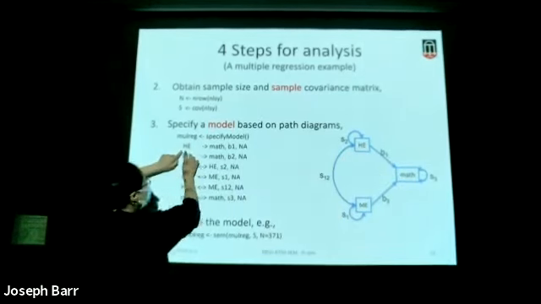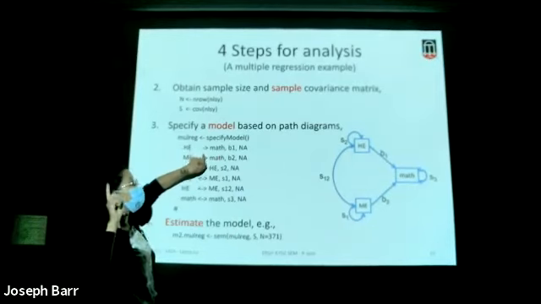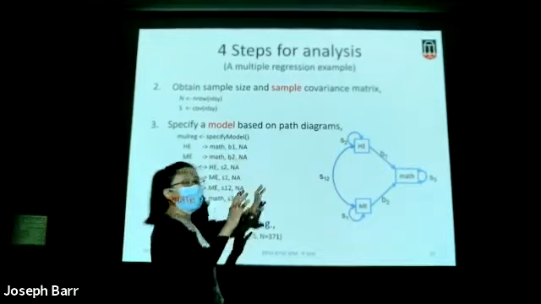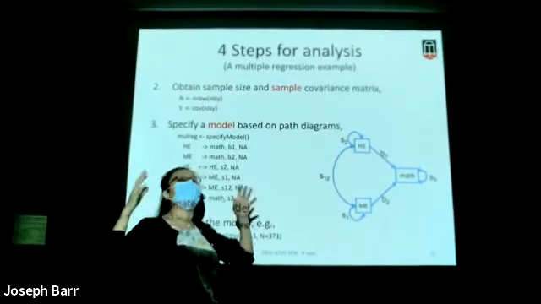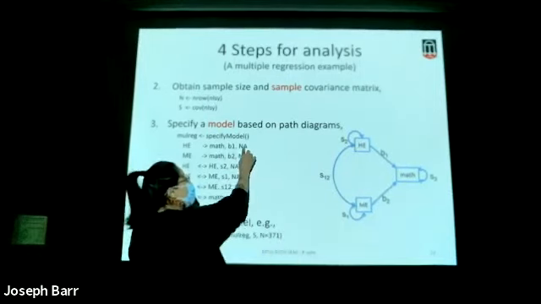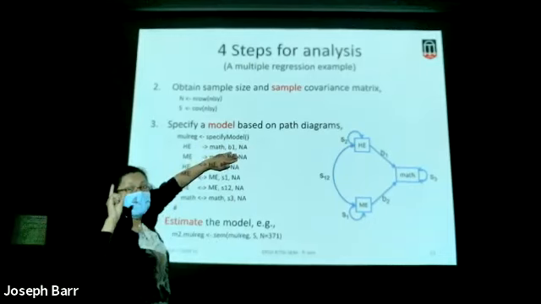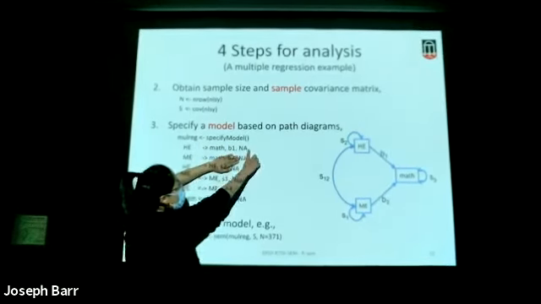So here, HE goes to math. That is the direction. The name is B1. Starting value, I don't want to specify any starting value. I will let the system decide the starting value for me. So that completes the first parameter command.